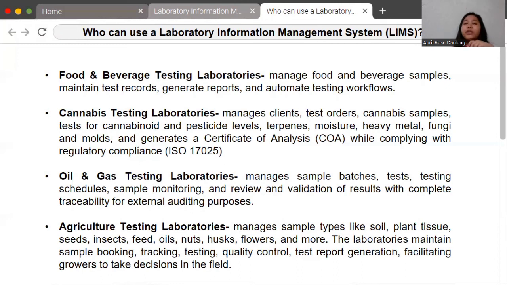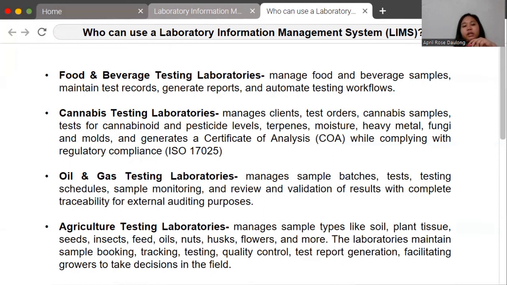So, more gapon siya o kanang benefits o advantages nga na siya test management, maka-manage siya sa mga samples.